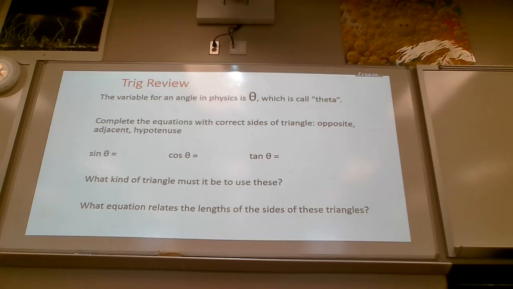Now, when we do sine, cosine, tangent, what kind of triangle is that? A right triangle. Okay, now.